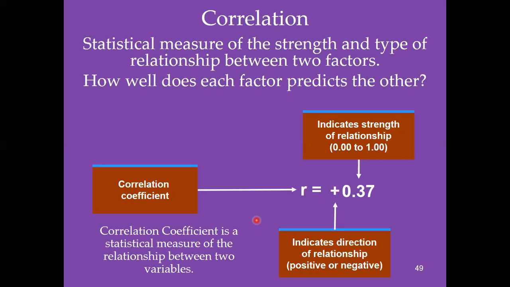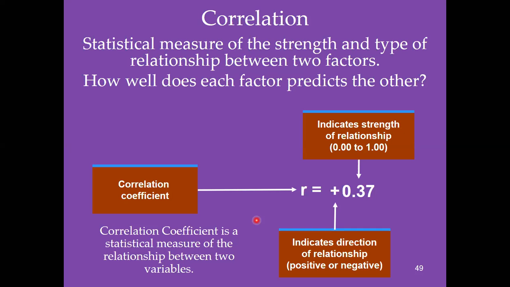Correlation is a statistical measure of the strength and type of relationship between factors. Okay, so it tells us, are these two factors associated mathematically in any way? And if so, in what way? How strong is that relationship?